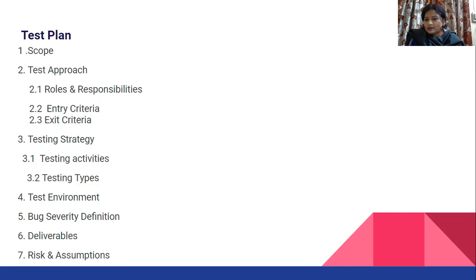We have blocker bugs. The blocker bugs are those which hamper the business flow of the software, and those are assigned priority 1. And then the critical bugs are assigned priority 2. These are the examples that we are using for our software.